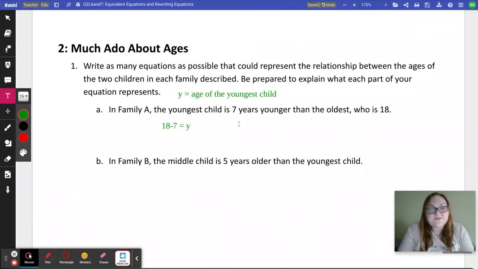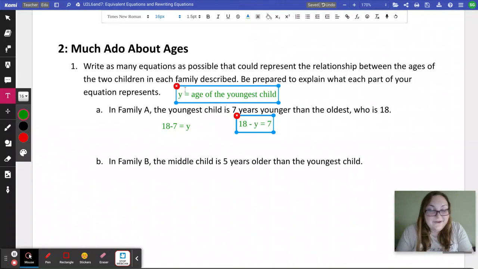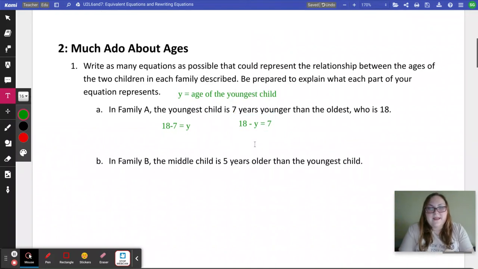You might have thought subtraction, but had something in a different order. You might have said, well, if that oldest child is 18, if I subtract the younger child, that gets me 7. The difference between that oldest child who's 18 and the youngest child, who we don't know how old they are, is 7 years. I'm using that word difference there because we've learned that can mean subtraction.